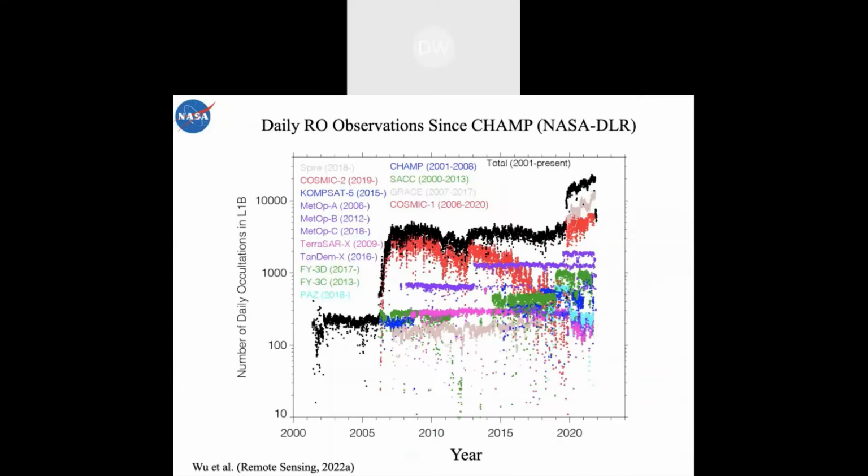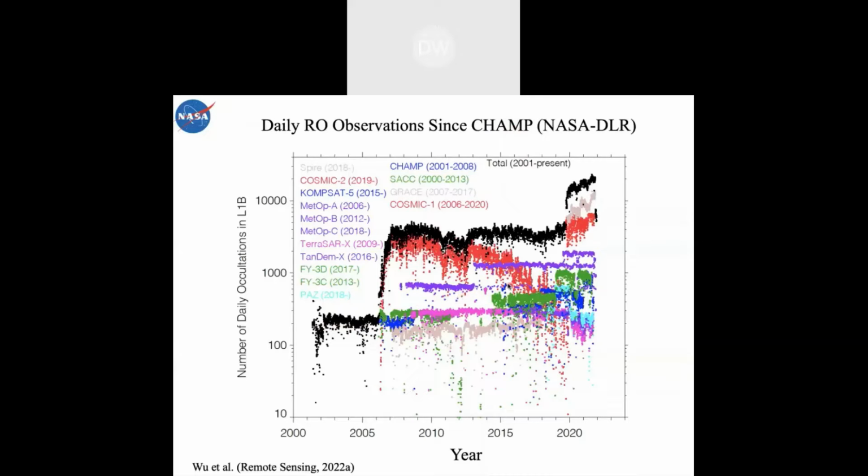Here is an overview. Go back to 2001. That's probably the beginning of radio occultation with CHAMP, a NASA-German collaboration running over 10 years. Later came the COSMIC-1 constellation, the red curve, but that one started to fade away after 10 years of operation.